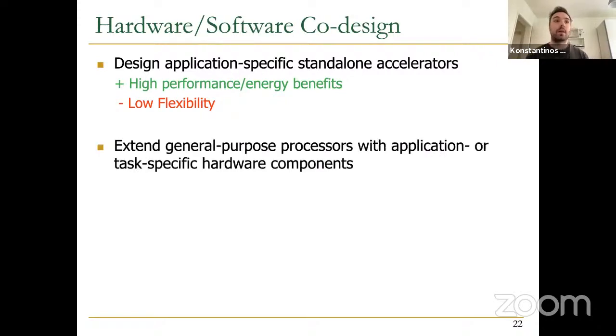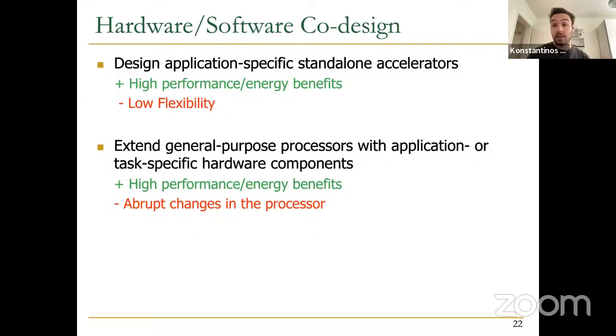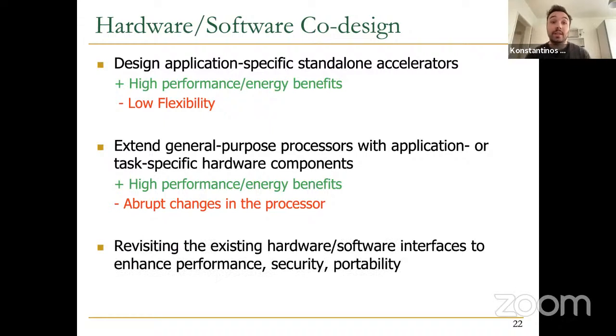One other way of approaching the topic is by extending general purpose processors with application or task primitive specific hardware components. This might also deliver high performance and energy benefits, but it requires abrupt changes in the processor. And the last is we also sometimes need to revisit the existing hardware software interfaces like the instruction set architecture to enhance performance, security, and portability.